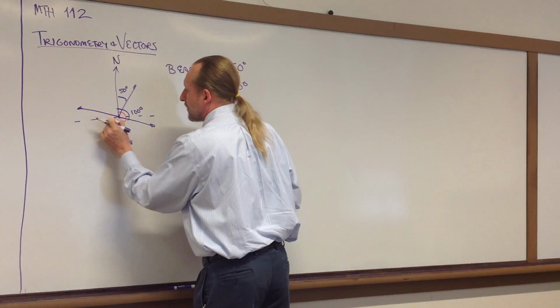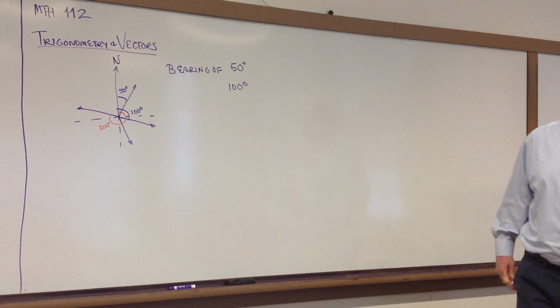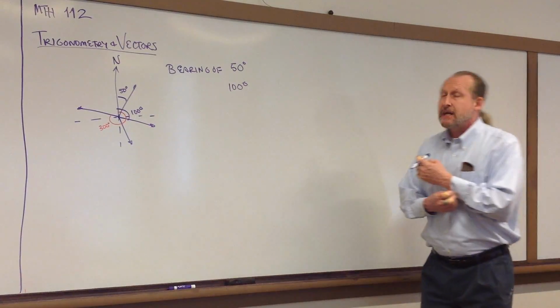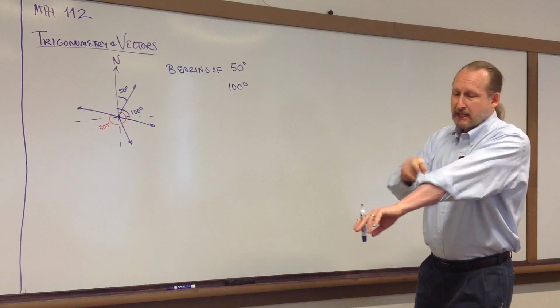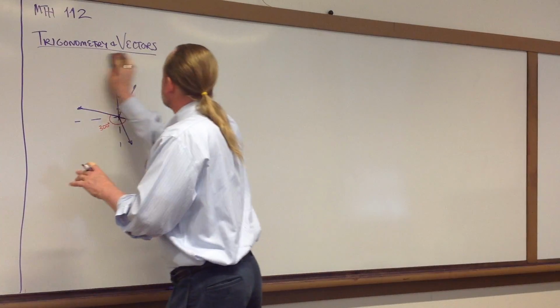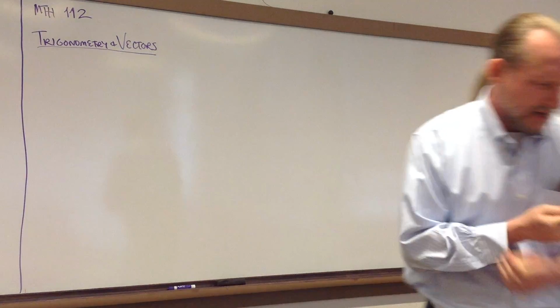If you rotate all the way around like that, then that would be 300 degrees. So we'll see a few examples of that on this handout. On the other handout, there are many examples of that, and I'll talk about those problems in a separate video. Okay, so let's just start working through the even problems on this handout here.